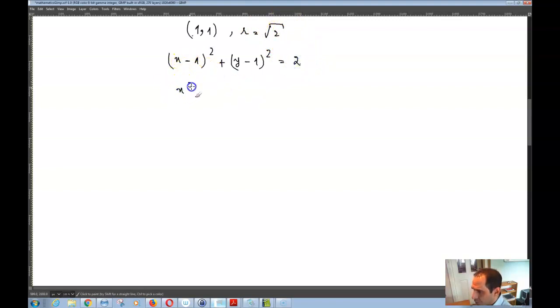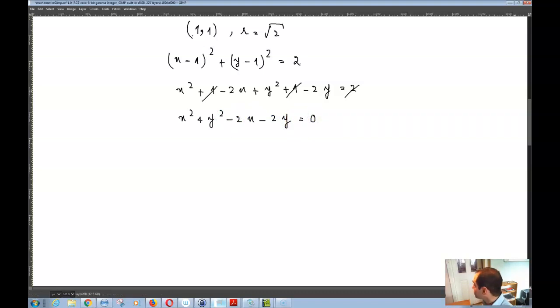And you have x squared plus 1 minus 2x plus y squared plus 1 minus 2y is equal to 2, and these two ones you can cancel out. So you can write x squared plus y squared minus 2x minus 2y is equal to 0. That is number 4.